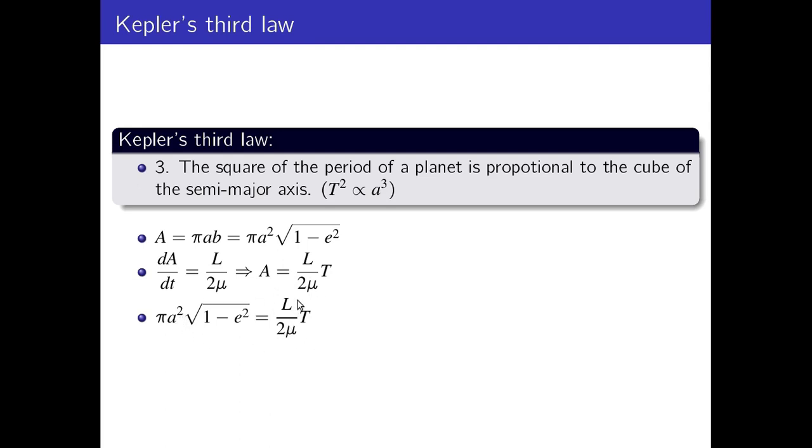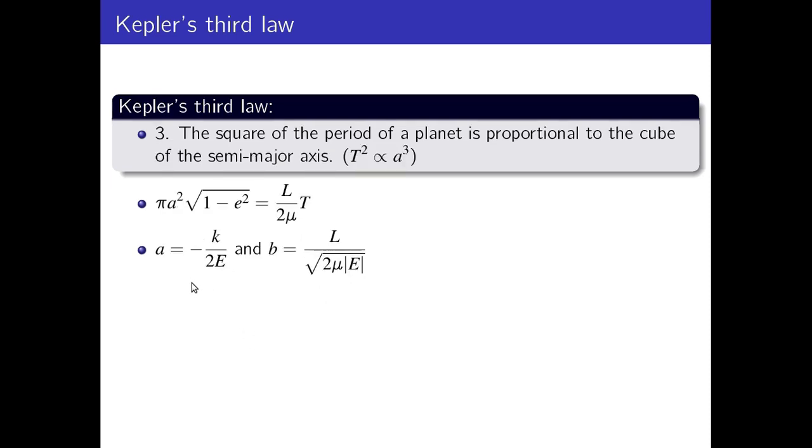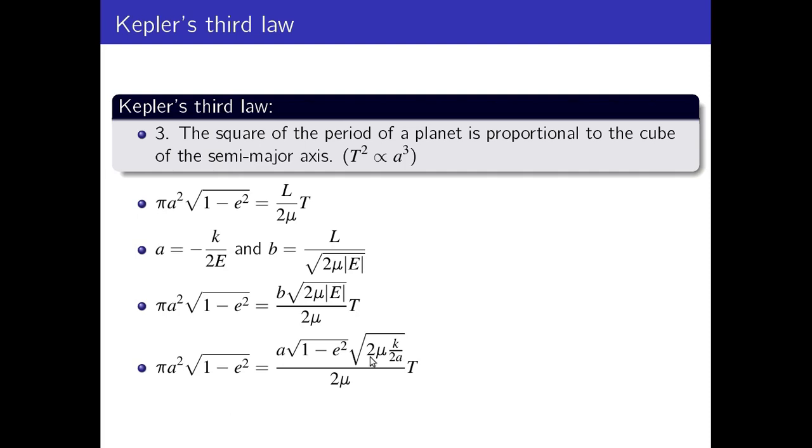Now we need to write angular momentum in terms of the parameters of the ellipse, for which we have already obtained the necessary relations while studying elliptic orbits, as a is equal to minus k over 2E and b is equal to L over the square root of 2 mu times the absolute value of E. We can simplify L by using this relation and obtain this one, and we can simplify E by using this relation and obtain this one.